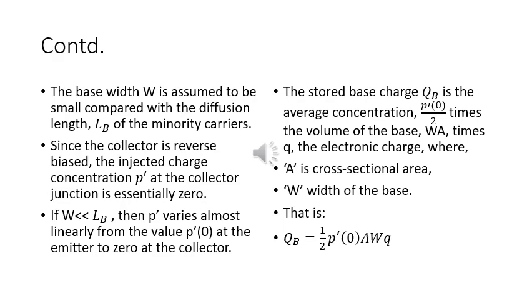The stored base charge QB is the average concentration given by P0 prime upon 2 times the volume of the base, which is WA, times q, the electronic charge, where A is the area of cross section and W the width of the base. That is, QB is equal to half P prime 0 AWq.